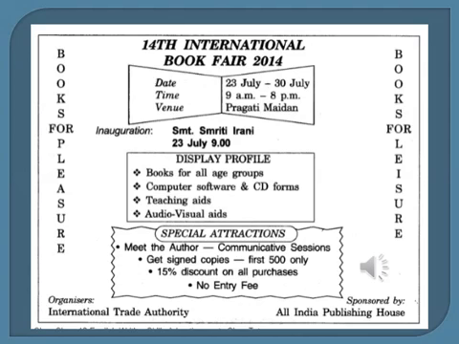Special attractions: meet the author, communicative sessions, signed copies, first 500 only, 15% discount on all purchases, no entry fee. Organizers, that is very important. At the end you must write who is issuing it. So International Trade Authority, sponsored by All India Publishing House. And at the end put it in a box. Remember that it's a commercial advertisement.